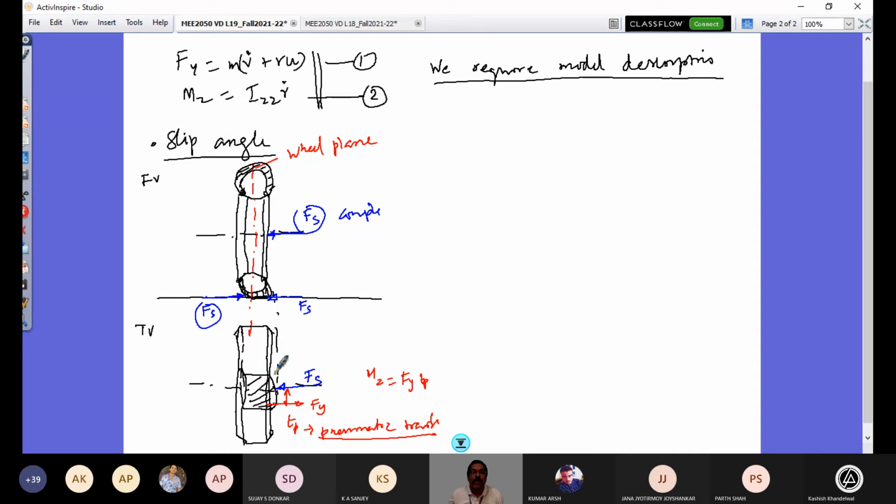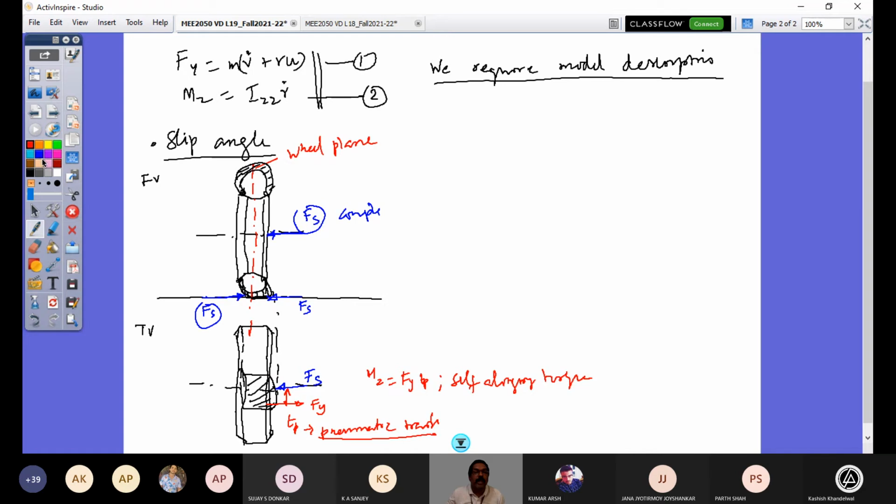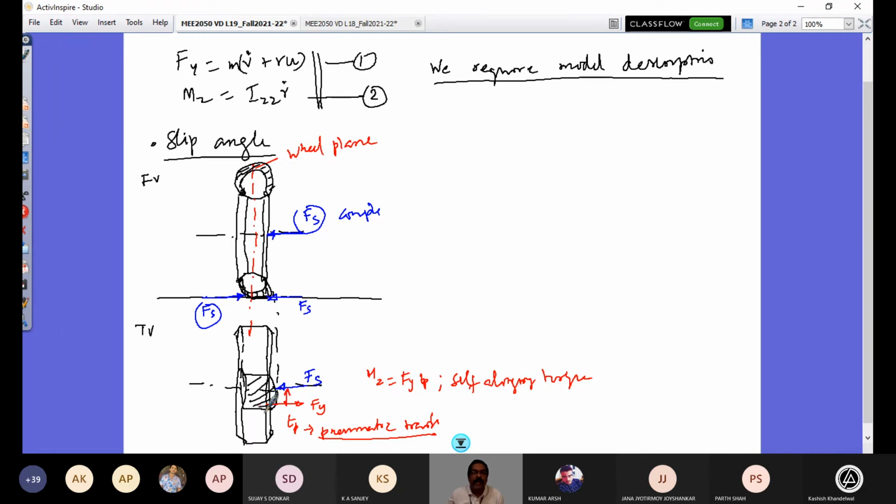So this moment is what is called the self-aligning torque. Self-aligning torque. So why the self-aligning torque? Because of this distortion of your contact patch.